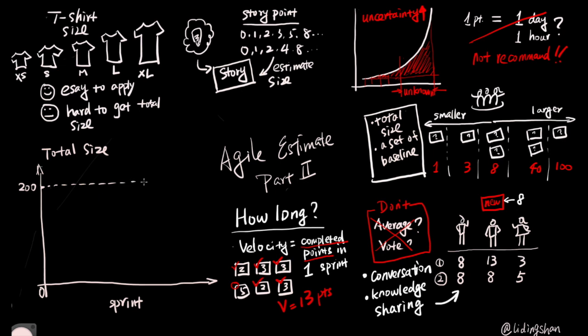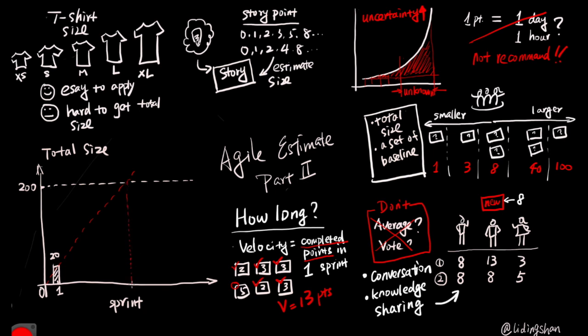I'm using a dotted line here because it's the initial estimate, it's an assumption. And the team, after trying the first sprint, the velocity is about 20 points. Then based on this, the team can say, if the team's velocity is always 20 points, then the possible end sprint will be here.